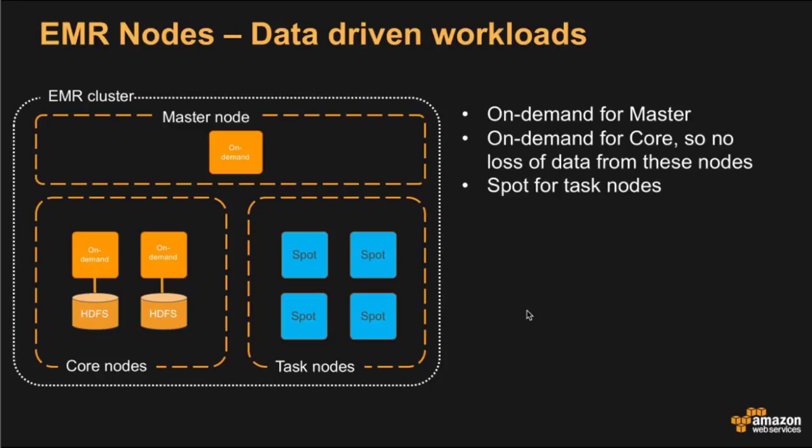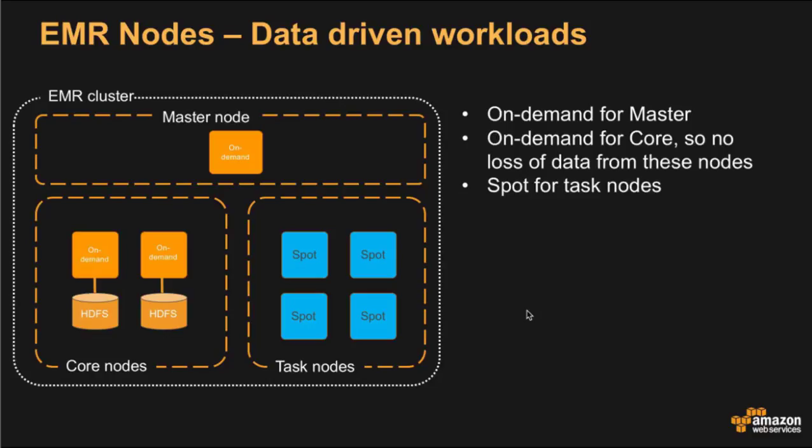So essentially what we are saying is it's okay to use Spot in this particular case with task nodes and still supplement your compute power at a cheaper cost and get the scale as well, but still be able to make sure your data-driven workload with terabytes or petabytes of data is able to complete its processing.